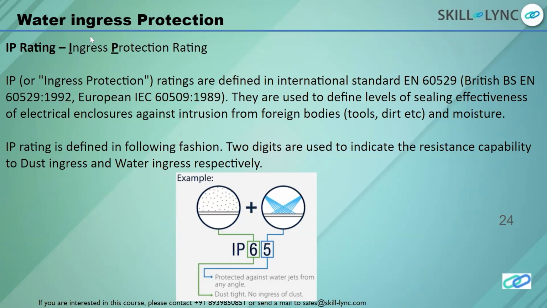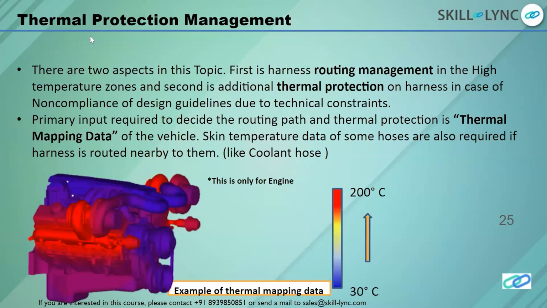So there can be wet zones and dry zones in your vehicle. In the wet zone, there must be devices with higher protection. That's where you see the IP69 rating, or the components used in that area will have a rating of IP69. So this is with respect to the IP rating.